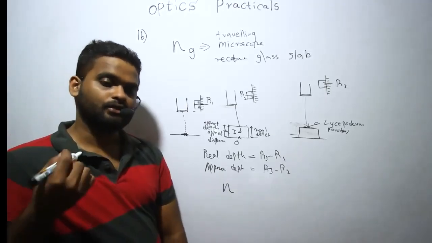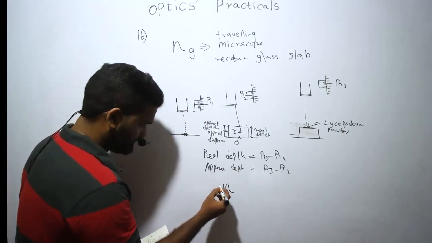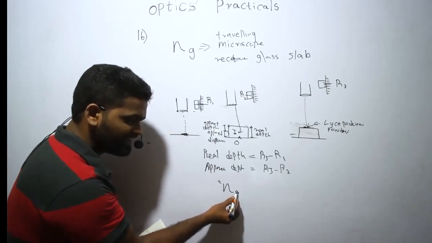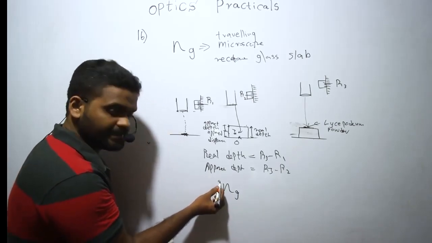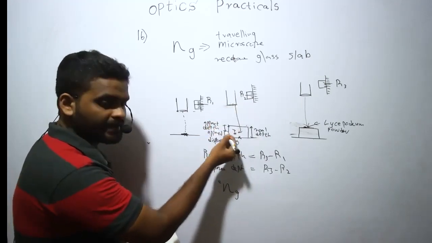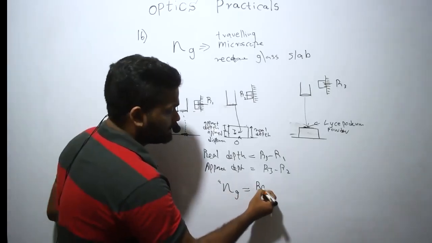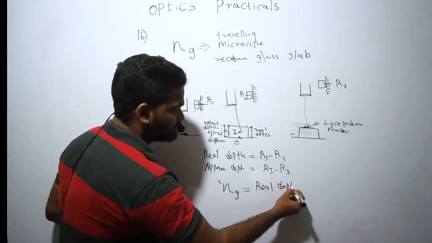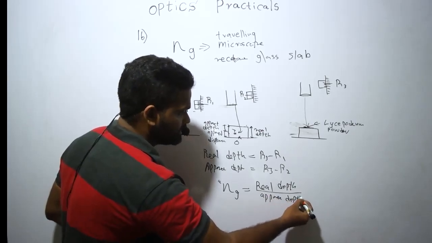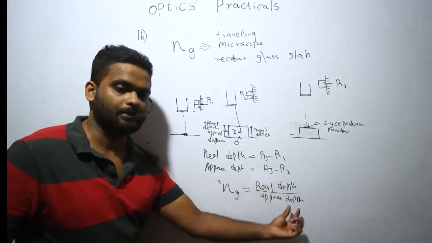Then you know the theory. The refractive index of glass relative to air, because it is in air and we are finding the refractive index of glass, is equal to real depth divided by apparent depth.